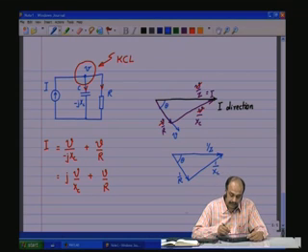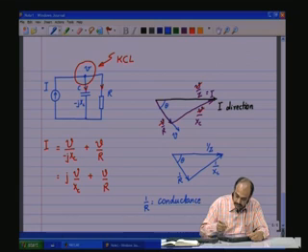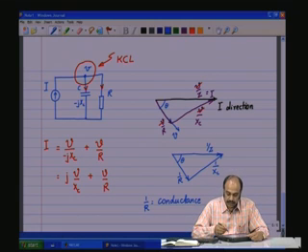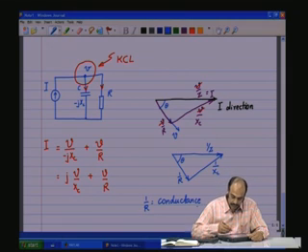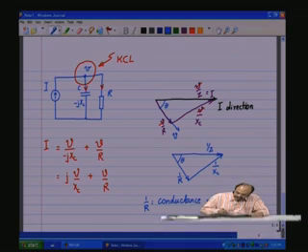What is 1 by R? R is resistance, and therefore 1 by R is the conductance, which has a unit of mhos. 1 by ohms dimension is mhos or Siemens, and this has a symbol G.